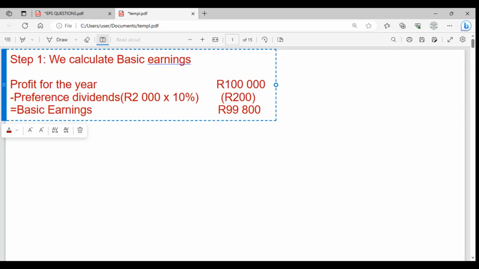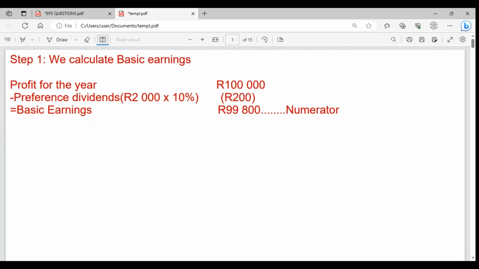So guys, this one will be our numerator. So now this will be our numerator. And then step number 2. Now we are on step 2.